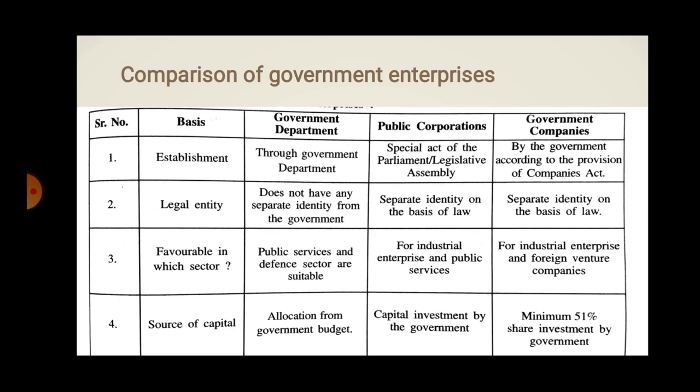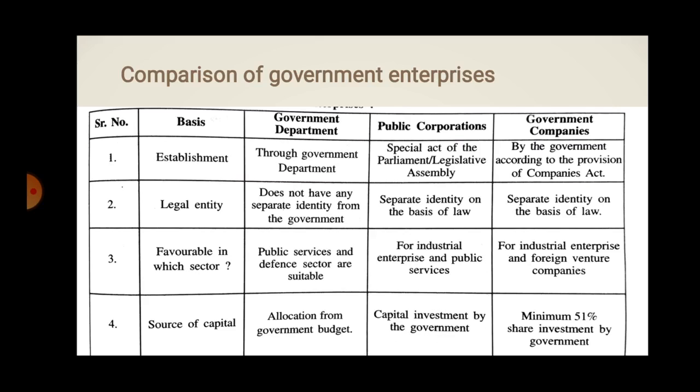Next one is the favorable sector. So a government department is favorable in public service and defense sector. These two sectors are more reliable in the government's hand rather than in the private sector. So that is why a government department is useful for the public service and defense sector.